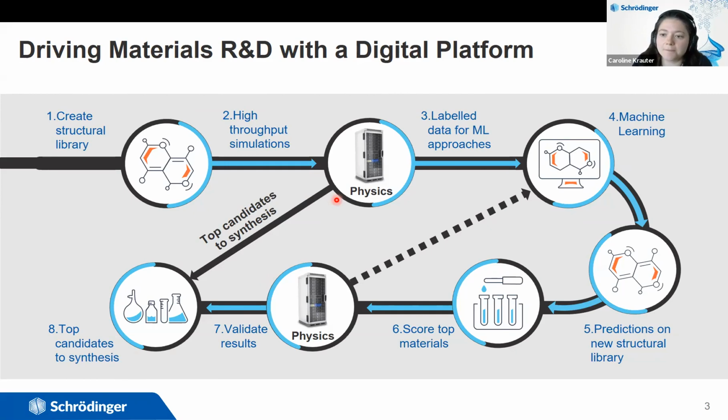So here we try to use data that we've derived from physics-based simulation for part of our data set. We label that data for machine learning approaches, learn structure property, mixture property relationships, and predict new structural components or new structural materials.